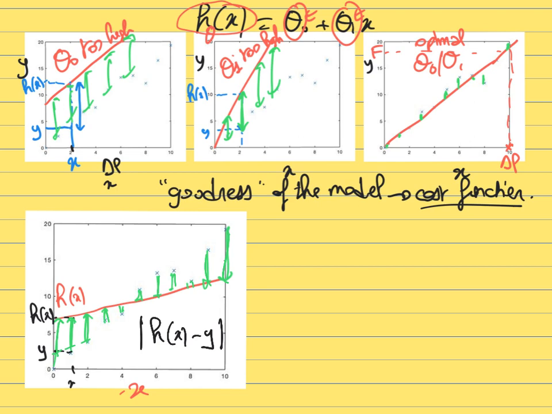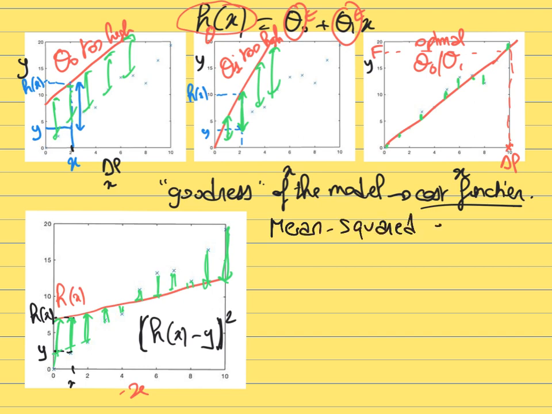In practice, rather than using the absolute value, what we use is the square. The square is still the same idea as the absolute value: the more the difference between the model and the true value, the higher this square difference will be. So a typical cost function that we can use is the mean squared error.